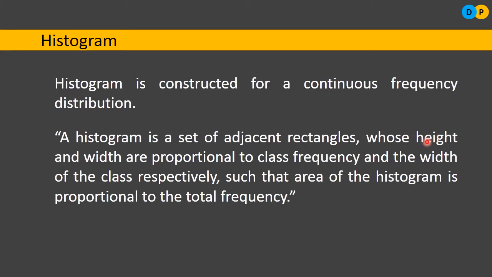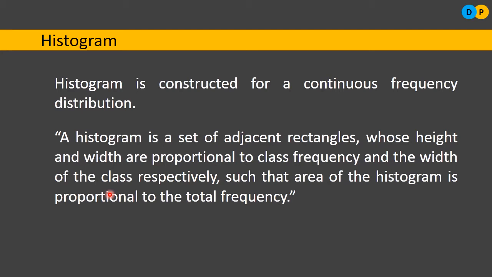The height is proportional to the class frequency and the width of the rectangle is proportional to the class width. For example, the width of the class 0 to 10 is 10, and the width of the class 10 to 30 is 20. Each rectangular bar is erected considering height as well as width.